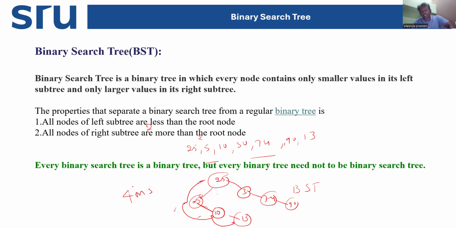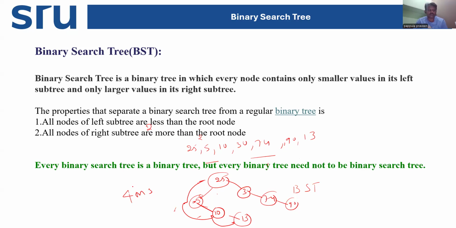Every binary search tree is a binary tree, but every binary tree need not be a binary search tree. Why? Can you justify this? Every binary search tree is a binary tree, but every binary tree need not be a binary search tree, because in a binary tree there are no conditions.